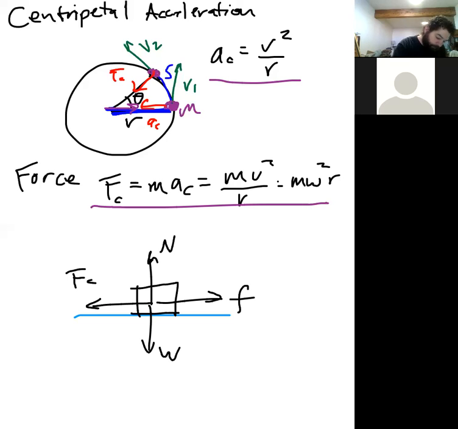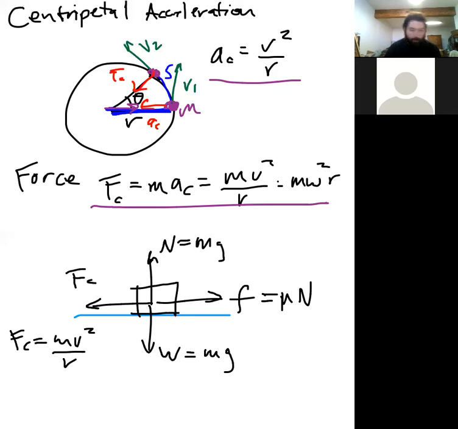So as we saw, this friction is going to be mu times N, centripetal force, that's going to be mv squared over r. We're going to say the r is going to be the circular radius, and then W is mg. The weight, normal force is going to equal the same, so that's mg. And yep, that's how you would solve a simple problem like that.